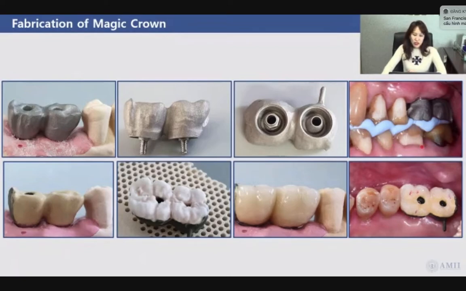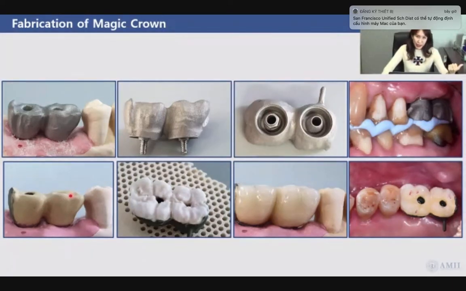She always does this metal checkup in the mouth, to check the bite and occlusion. After that, she sends it back to the lab to have the biscuit and the opaque layer on top of it.